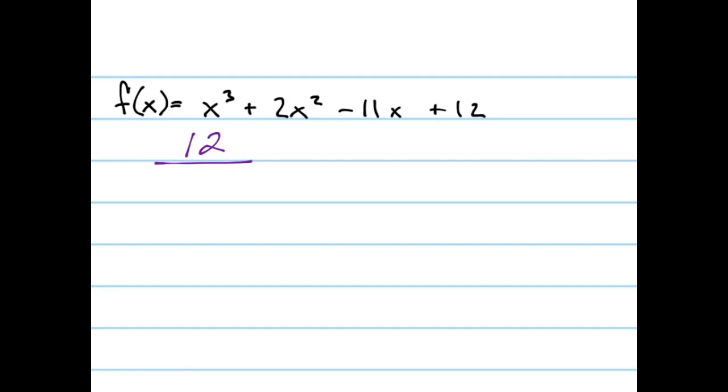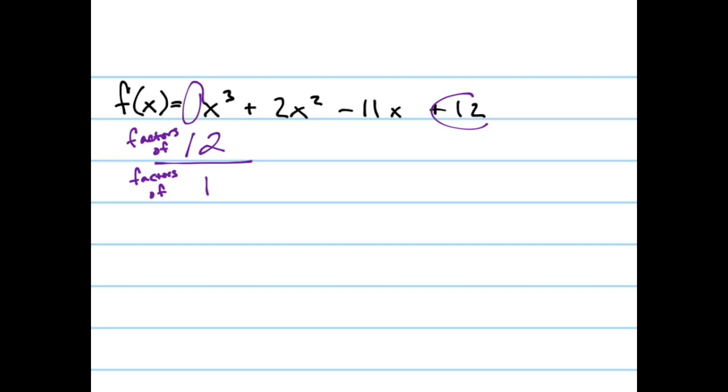We're going to be looking at factors of 12. So I'll write that just to be clear. Factors of 12 over factors of what number? What's going to be in the denominator? Christian? The leading coefficient, which in this case is 1.